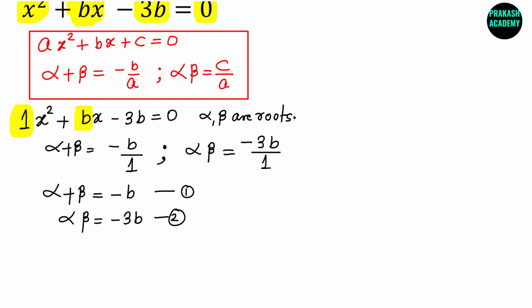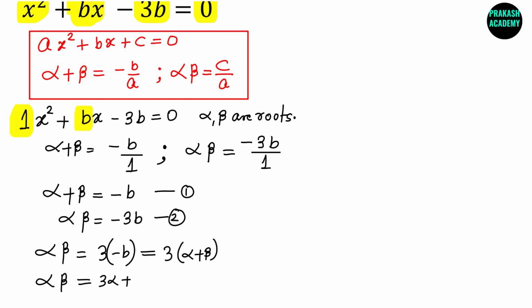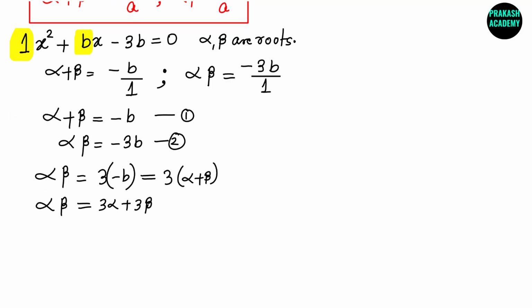So let us call these equation 1 and equation 2. So from equations 1 and 2 I can say alpha beta is equal to 3 times minus b, but minus b is nothing but alpha plus beta, so that is 3 times alpha plus beta. So alpha beta is equal to 3 alpha plus 3 beta, or I can take this to one side, or simply alpha beta minus 3 alpha minus 3 beta is equal to 0.